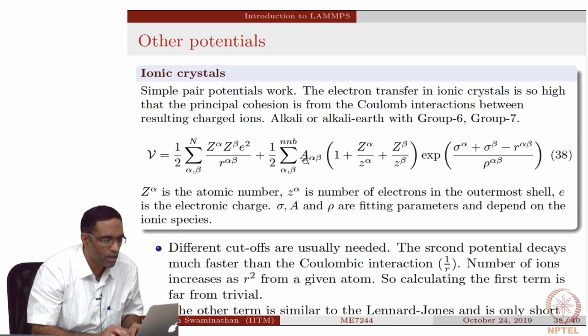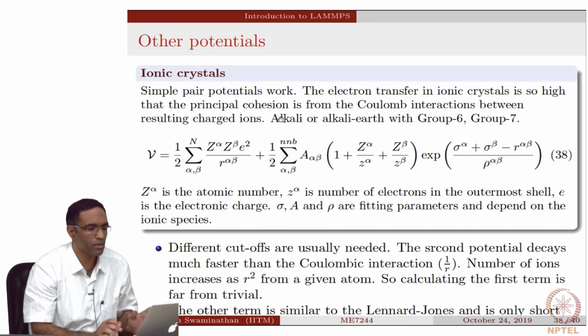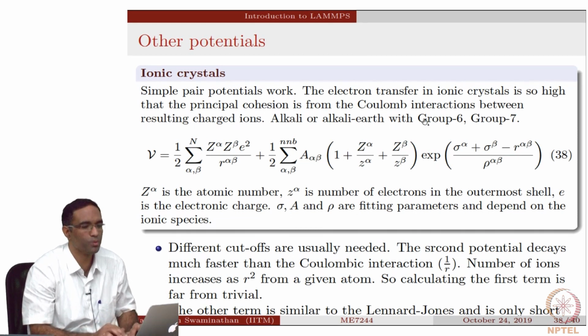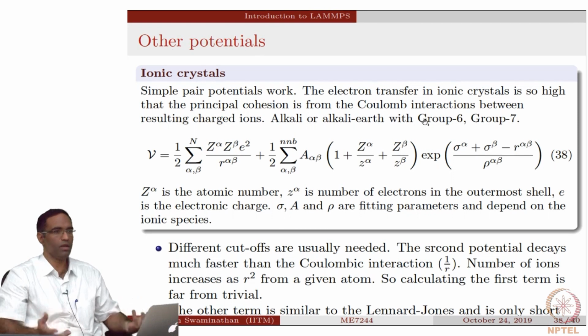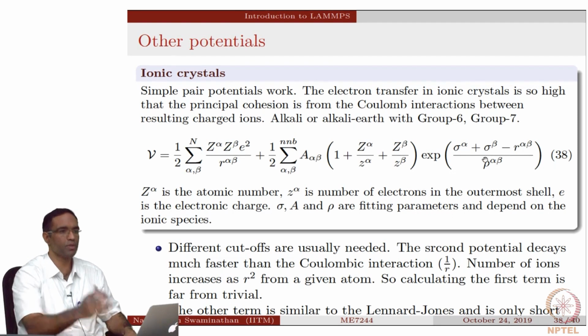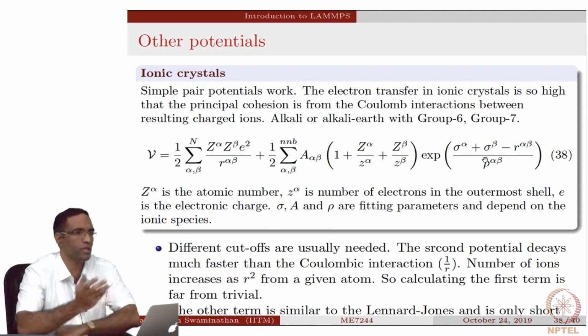So the Born potential, the particular potential looks like this, and it is generally used to model ionic crystals where you have a mixture of alkali or alkali earth metals with group 6, group 7. So basically oxygen, sulfur, group 6, group 7, chlorine, and all those halogens.